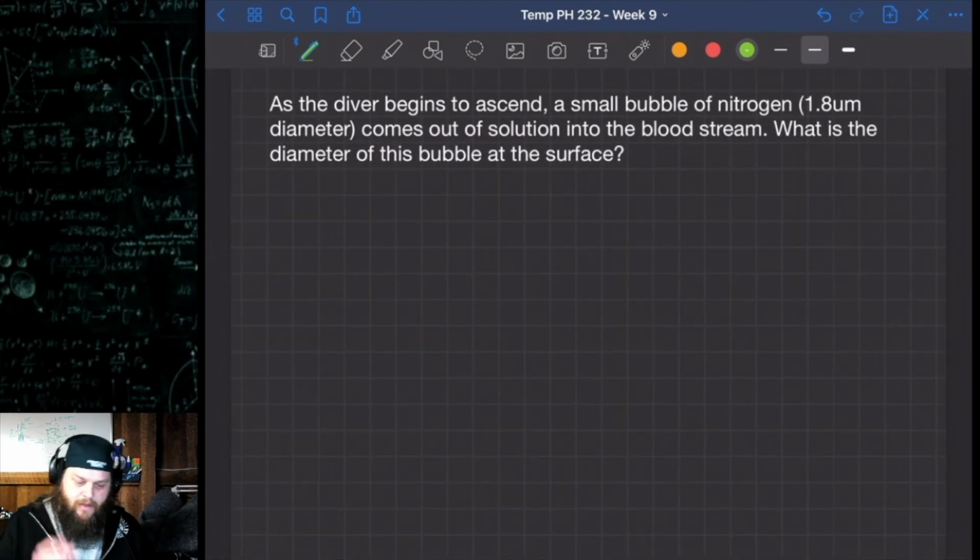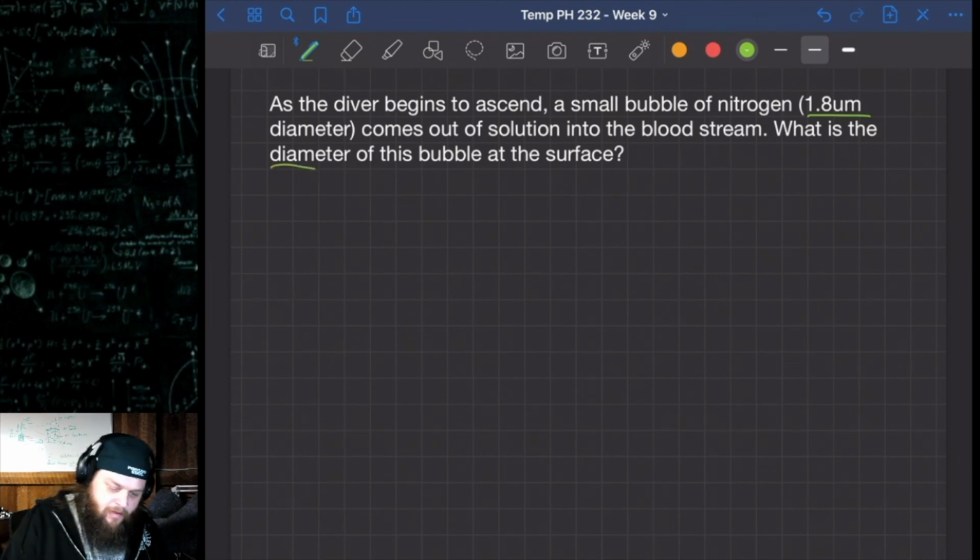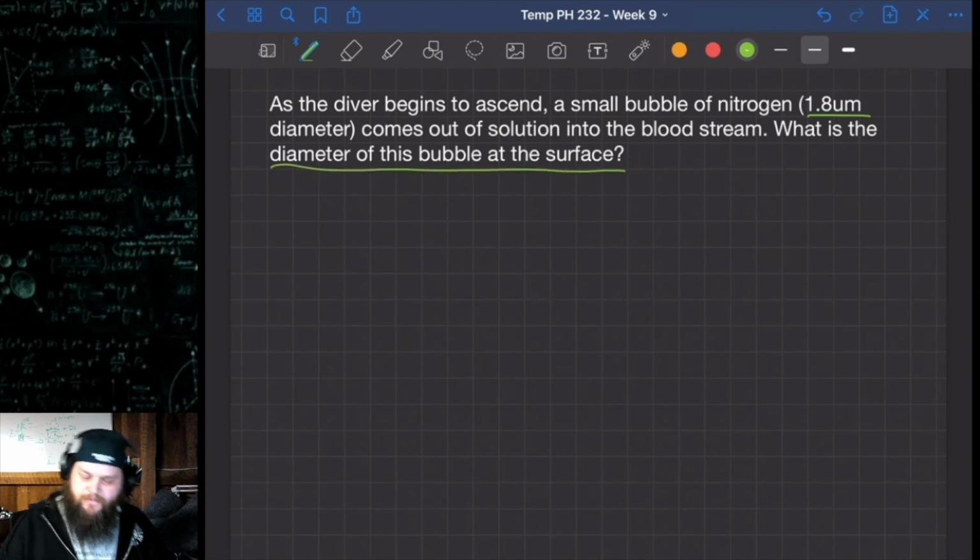So as the diver begins to ascend and go up higher in the surface, a small bubble of nitrogen, a diameter of 1.8 micrometers, comes out of the solution into his bloodstream. We want to find that diameter at the surface.